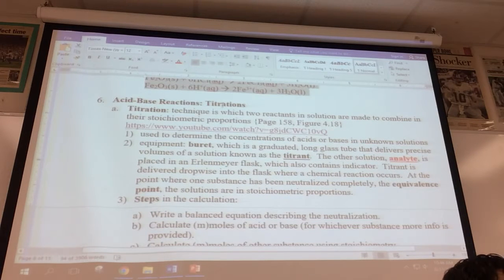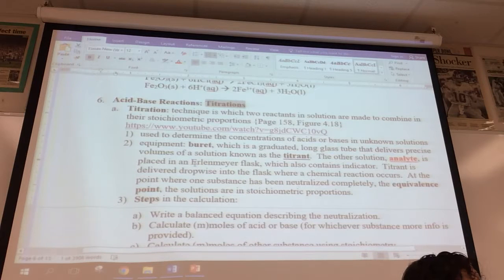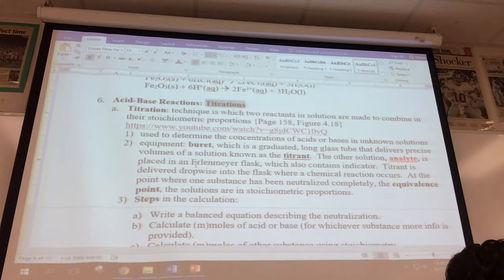In regard to titration, this is something I do want to review with you. It's something that you are going to be extremely good at this year, and you will be titrating multiple times in the lab, and they most likely will be your favorite labs because they are cool and the most fun.